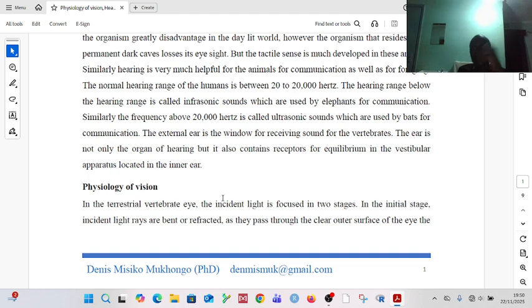So anytime we are talking about the terrestrial vertebrate eye, which means this is an eye that is found on a vertebrate that is living within the terrestrial ecosystem. Not in water, but on land, basically.